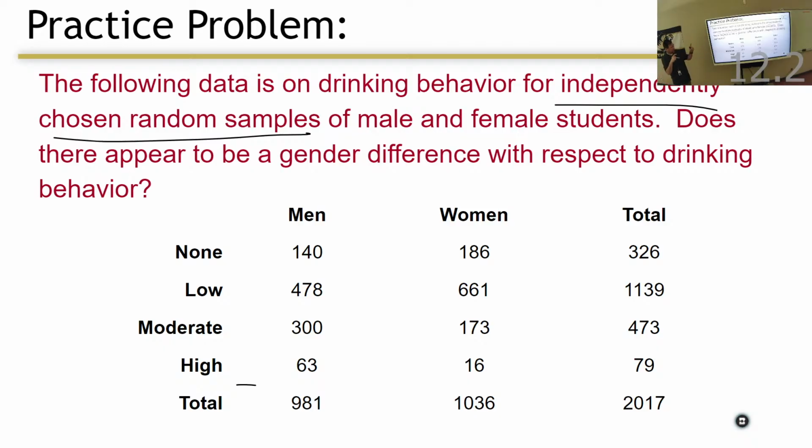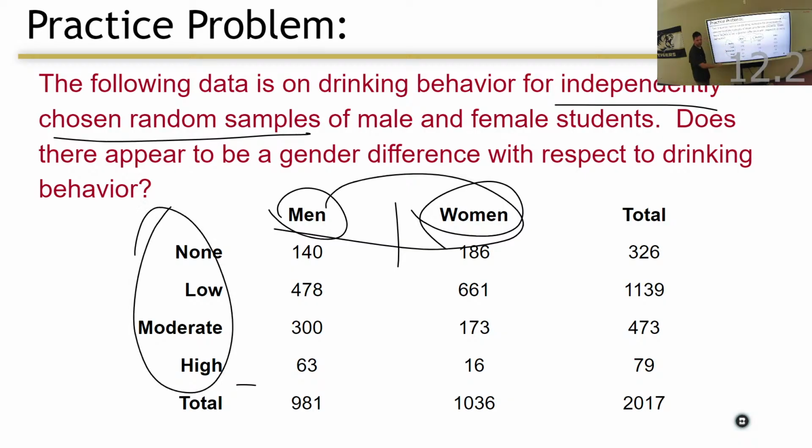This is another way. Does there appear to be a gender difference? All I'm testing is this. So if you're just testing one of the variables, it has to be homogeneity. If I'm testing this to this, that's independence. But there's more than one sample, so this one can't be.